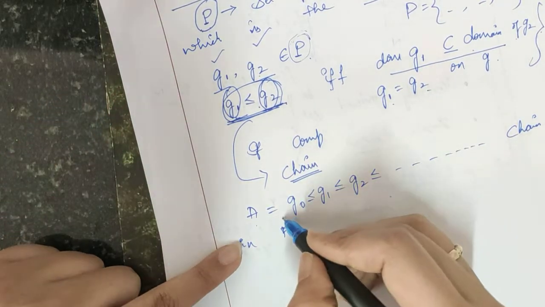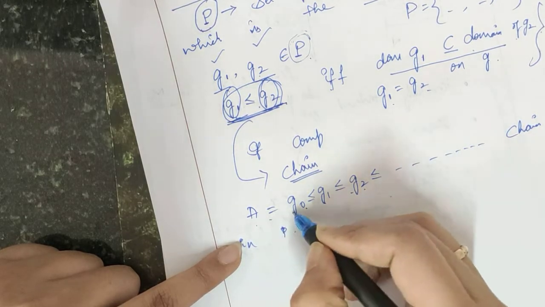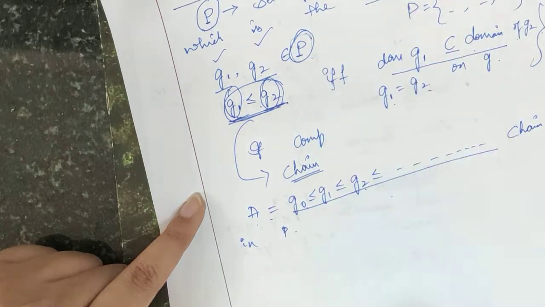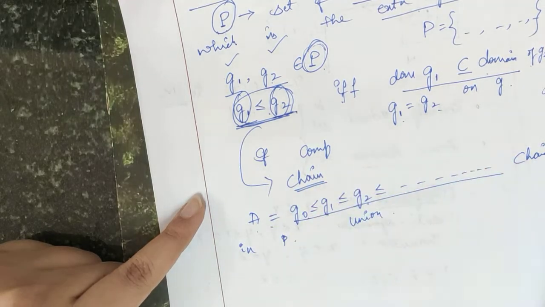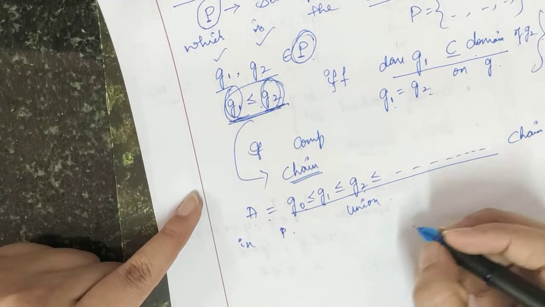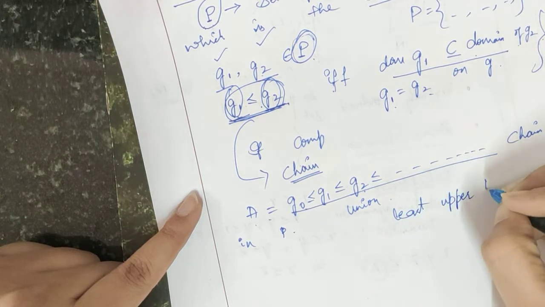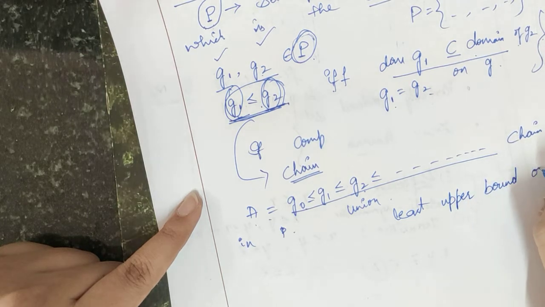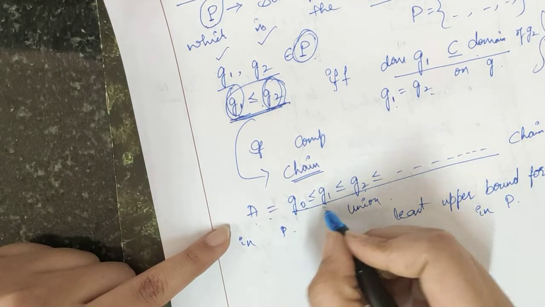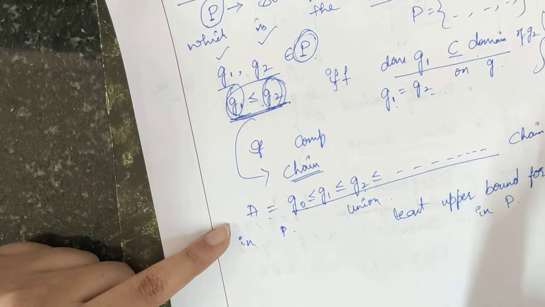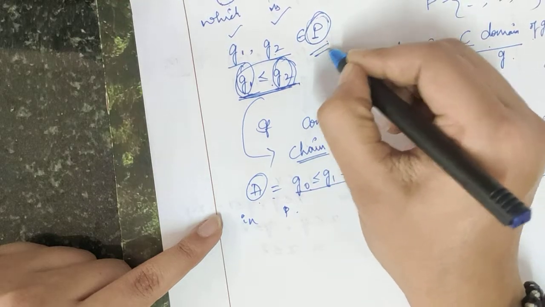I will write that chain as A equal to G0 less than or equal to G1 less than or equal to G2, and so on, and this is my chain in P. So if you take the union of these, it will be a least upper bound for A in P. If you take the union of all this, you will get Gn, right? And that Gn will be the least upper bound for A in P.